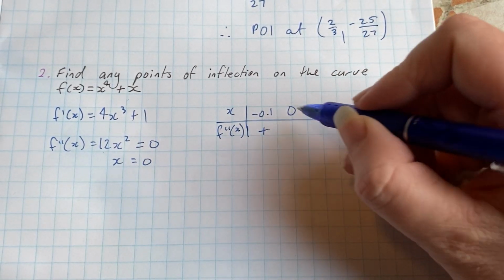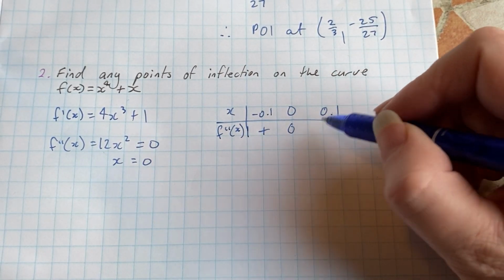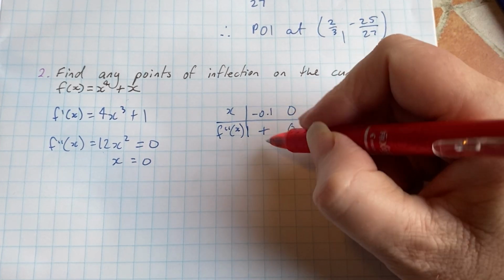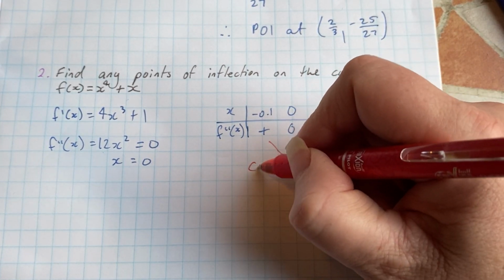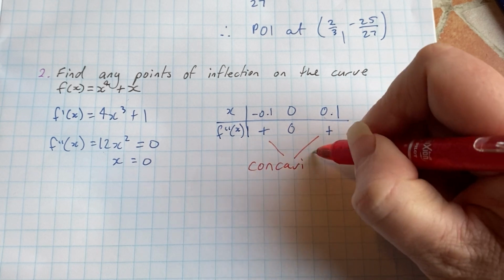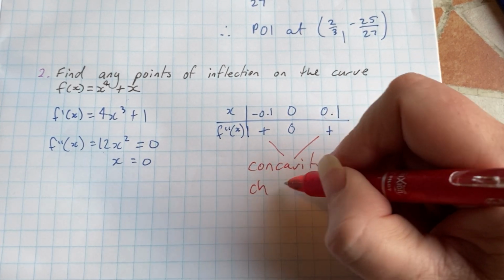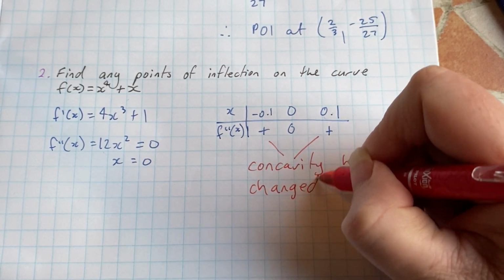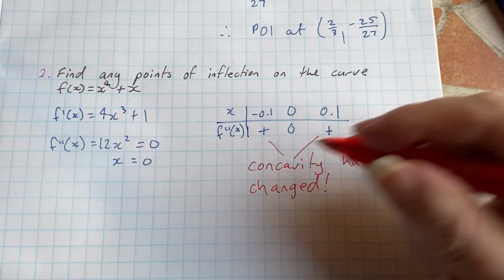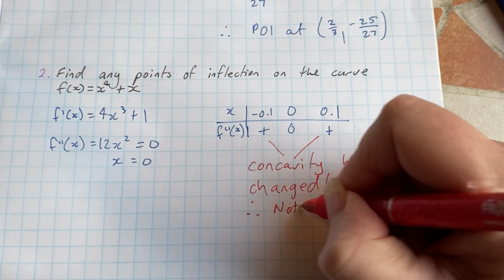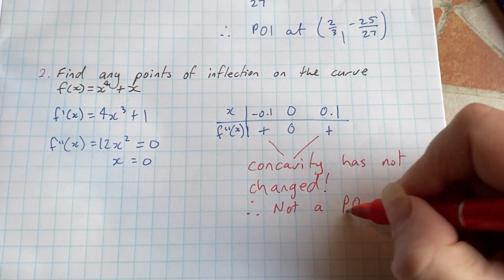That's going to be positive. That's 0, and that's going to be positive. So what we see here is concavity has not changed. It was the only possible point of inflection, but it's not one. So therefore, not a point of inflection.